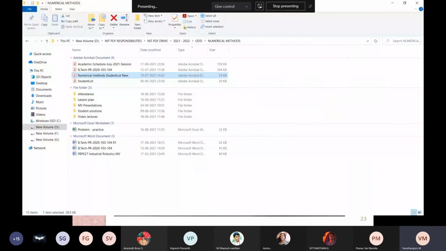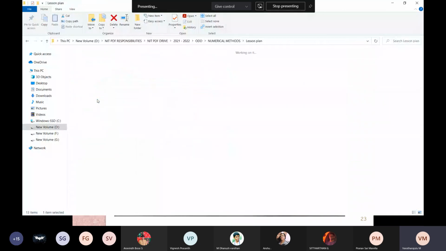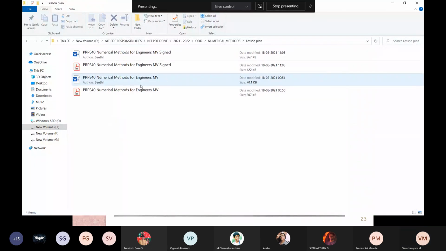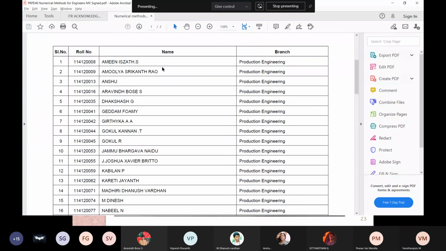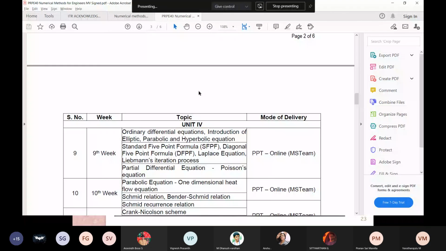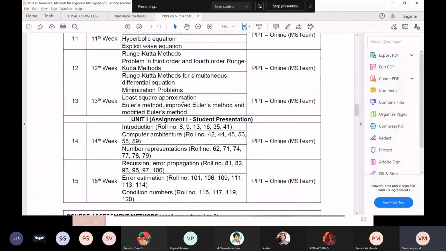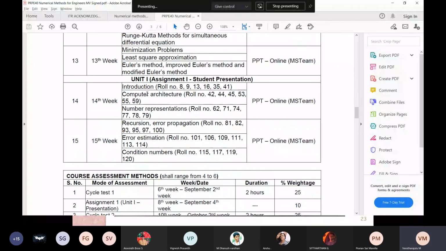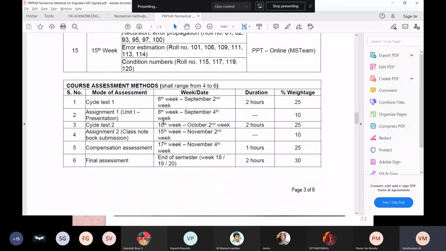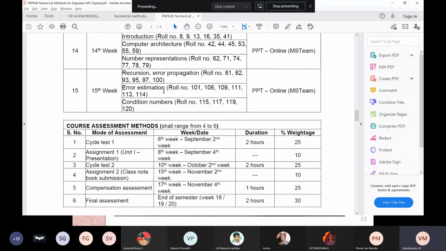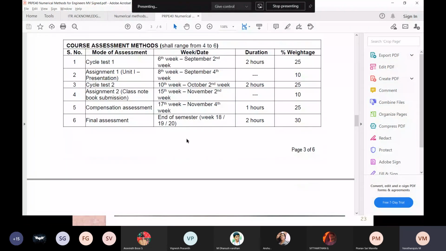What is our lesson plan? This is our lesson plan, right? Others, please try to prepare these contents: introduction, computer architecture. This is for your assignment 1. During the 8th week we will discuss these contents.